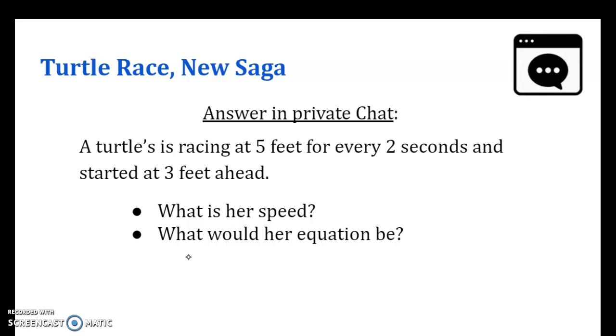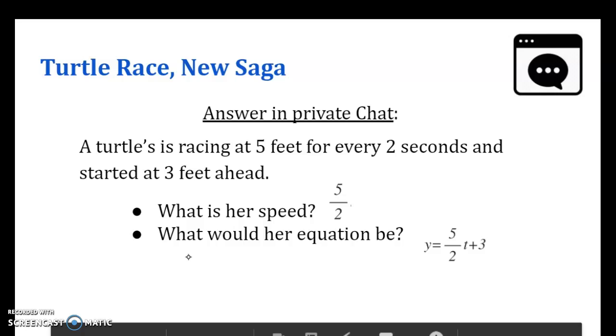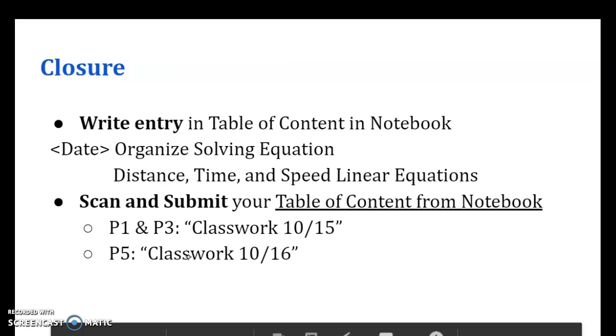It's where it's starting. What is the speed? We know it's traveling 5 feet for every 2 seconds, so the speed is 5 over 2. What would the equation be? The speed is 5 over 2 and it starts 3 feet ahead, so y is equal to 5 over 2 t plus 3. Okay, so that's the end.